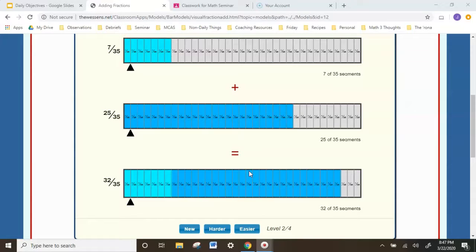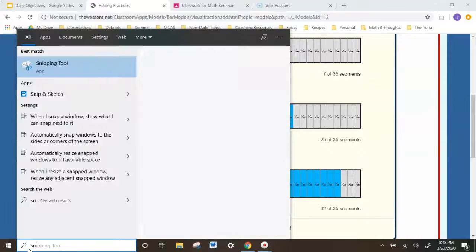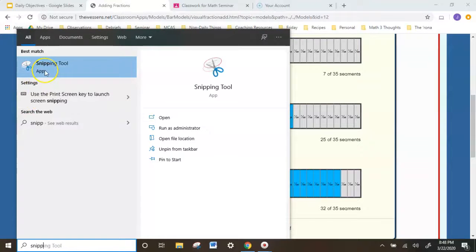Now, this is really important. When you're done, at the end of all of your practice, what I want you to do for an exit ticket is, if you are on a computer, I want you to go here. I want you to type in snipping tool.